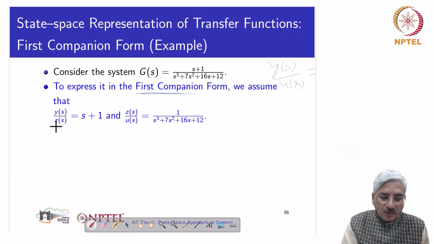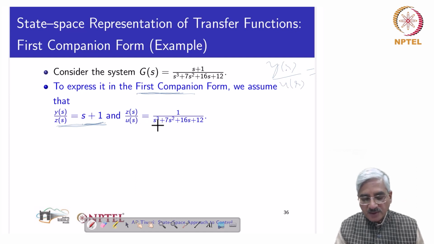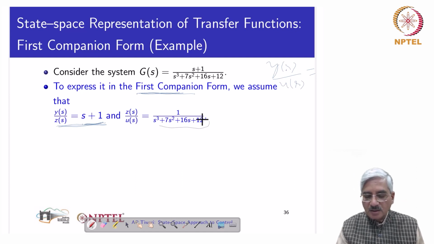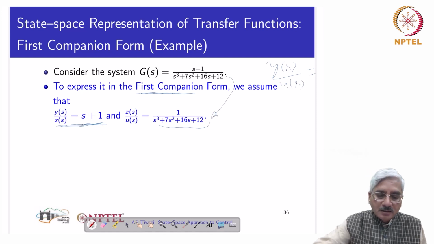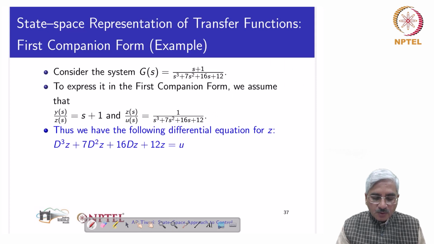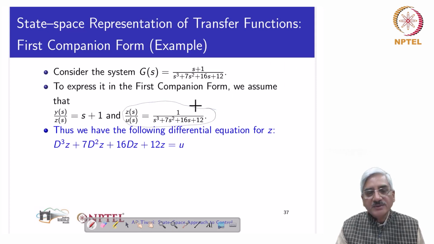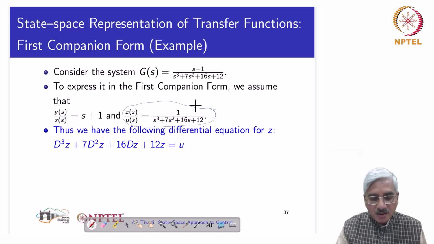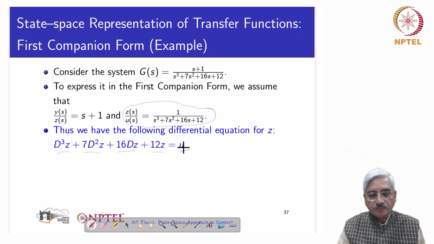In that Y(s) by Z(s) we take the numerator s plus 1, and in Z(s) by U(s) we take the denominator s cube plus 7s square plus 16s plus 12, and we proceed. So we do a cross multiplication and take the inverse Laplace transform. This gives d cube z plus 7 d square z plus 16 dz plus 12 z equal to u.